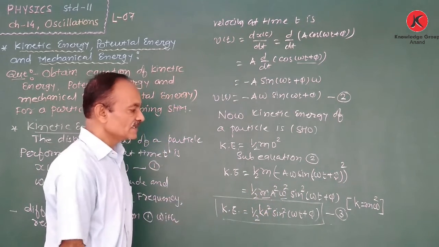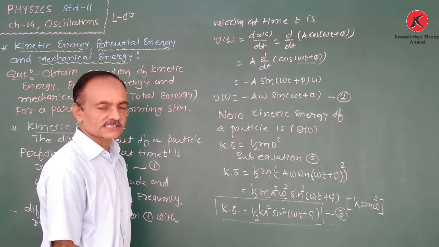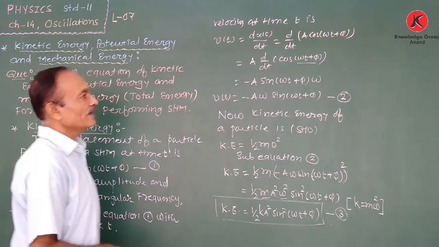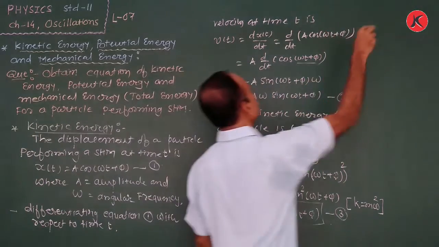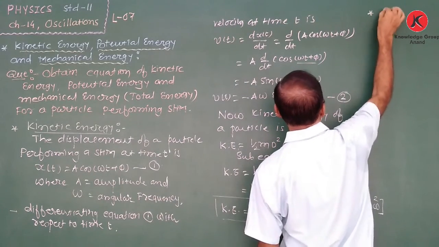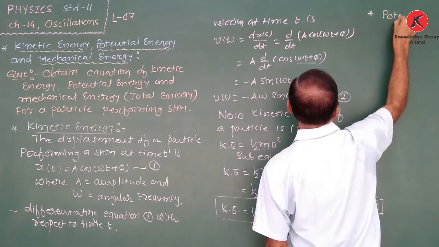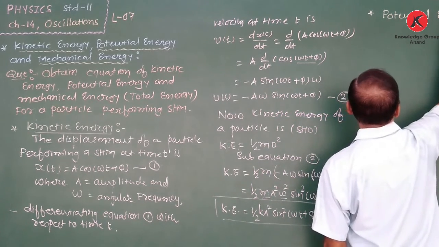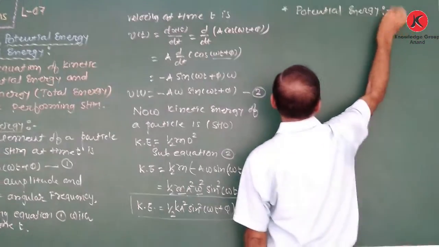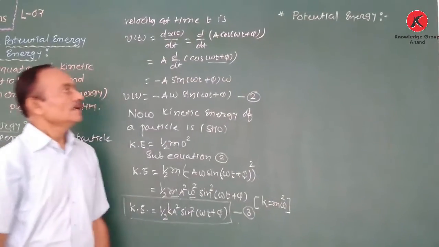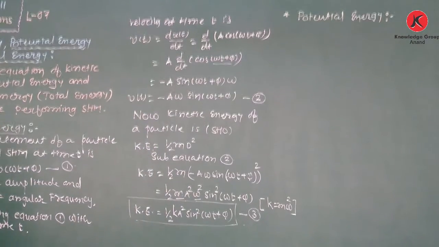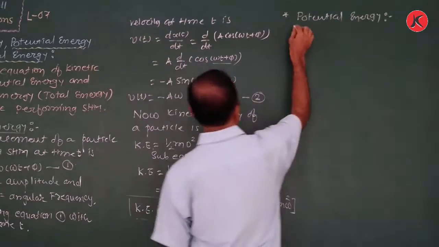Half k a square sin square omega t plus phi. Clear this? Okay. After that, we are going to discuss the potential energy. Now, for the potential energy, we are using the concept of work done.